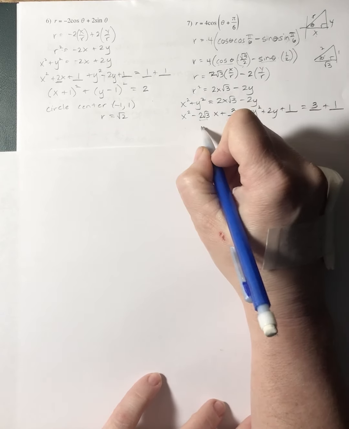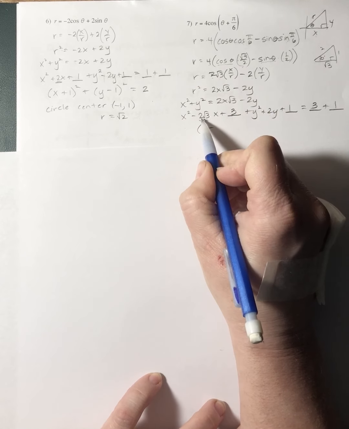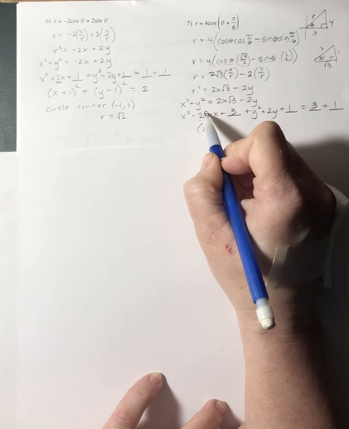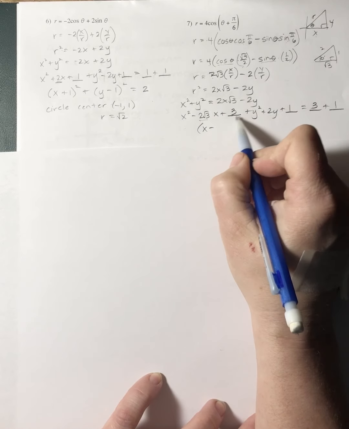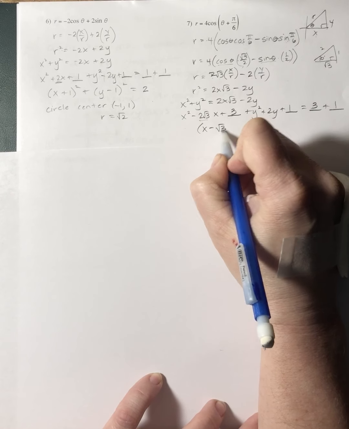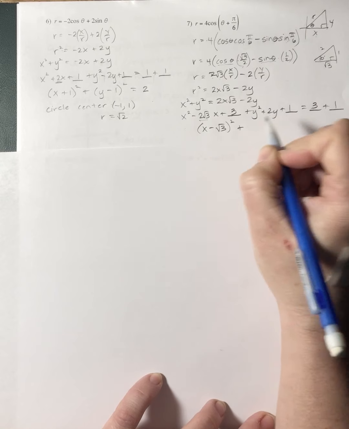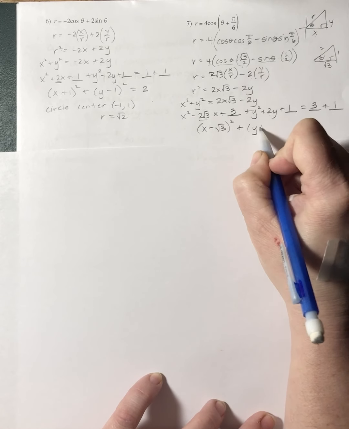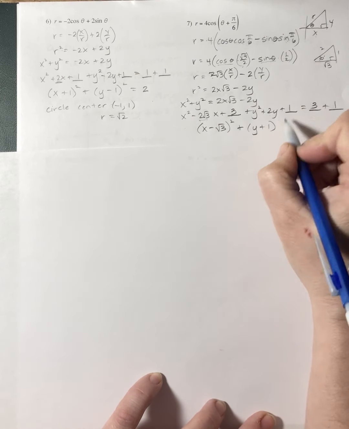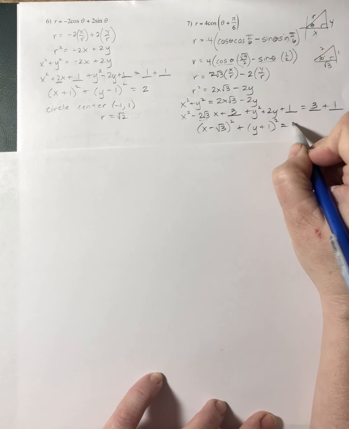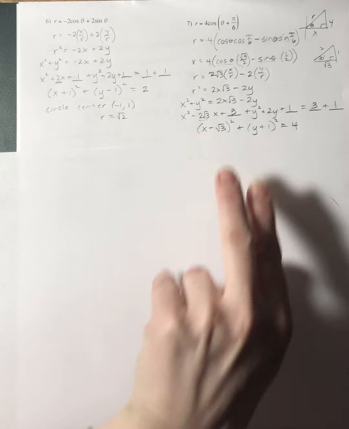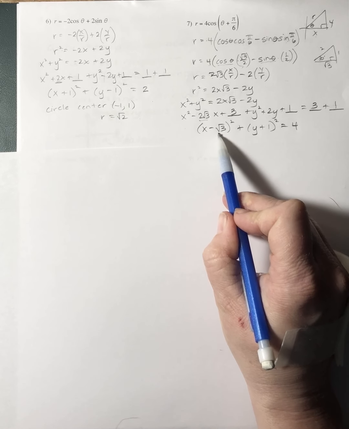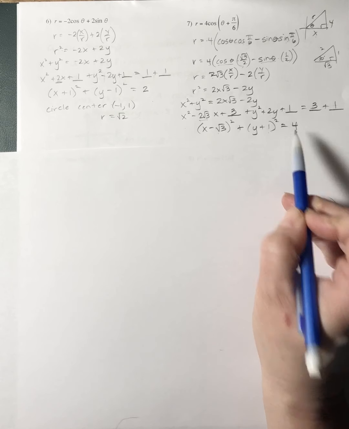And then when you factor, this factors into x minus half of this, or the square root of this. You can think of it either way. Again, I know it's been a long time since we've done this. This factors into y plus 1 squared, and then we would have a 4 on the other side. So my center would be at square root of 3, negative 1, and my radius would be 2.